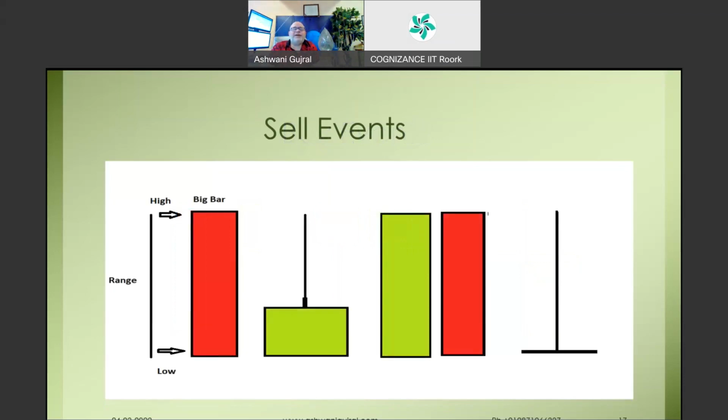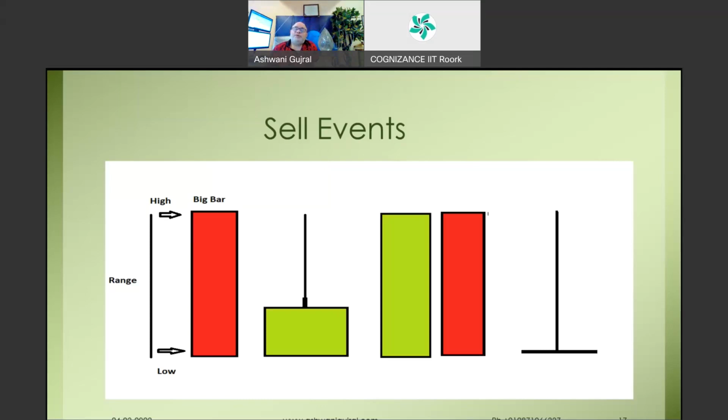Similarly, you have these sell events, and very similar kind of thing based on the buy event. The big red bar means that the bears came and closed the market at the lowest point. Similarly, the second one, it was a green bar, but bears came in and closed the market lower.